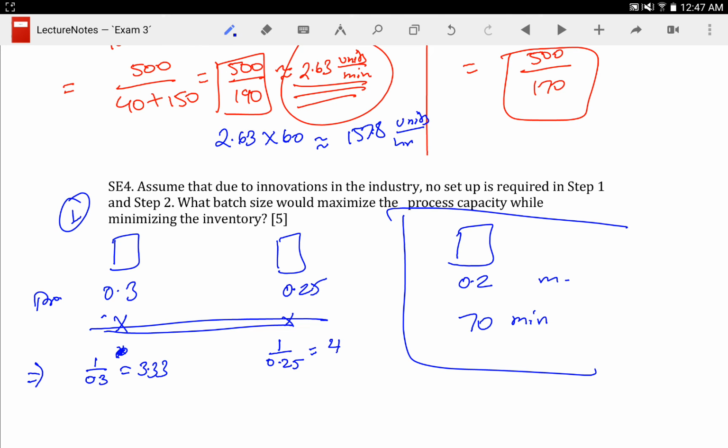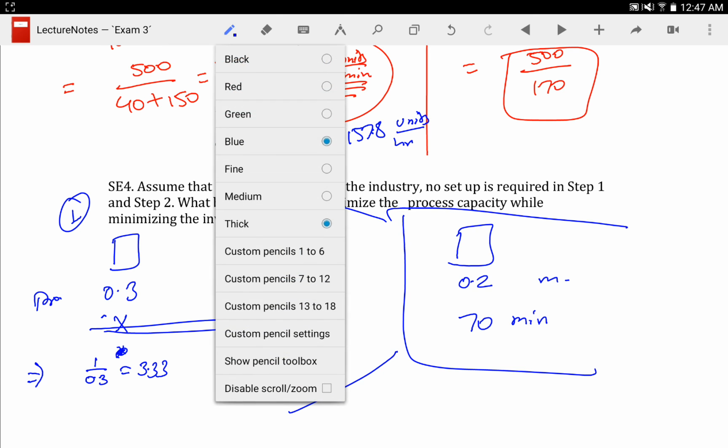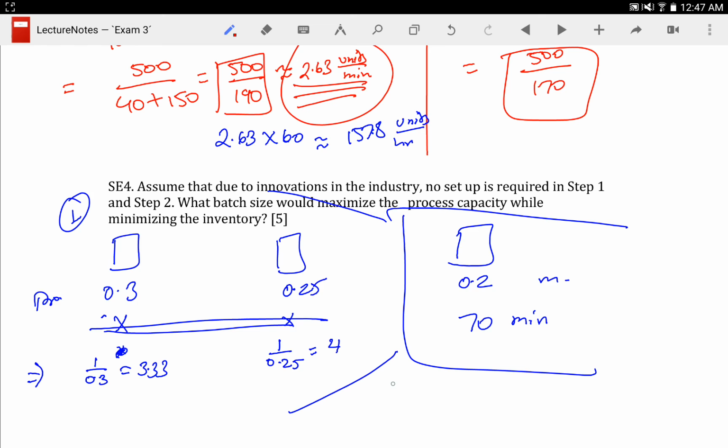Now we can find what would be your optimal batch size. To do that, you have to take the slowest step among the one without the setup and match it with the one with the setup. Well, that means our target capacity is 3.33 units per minute.